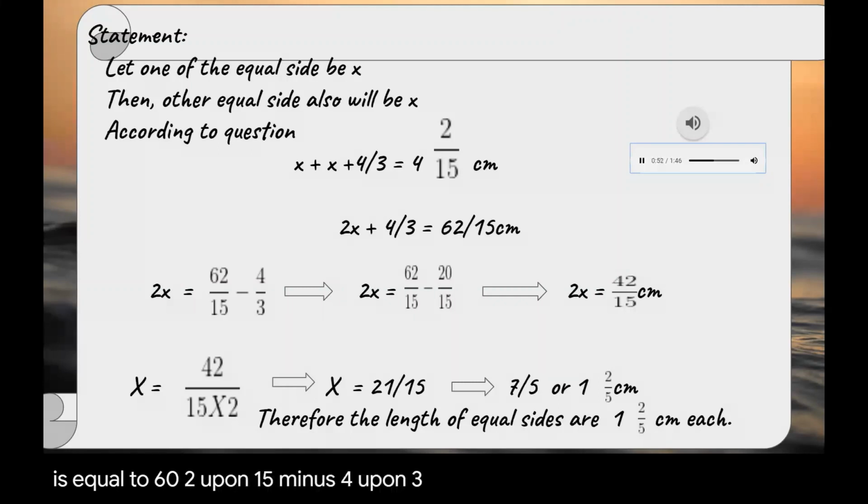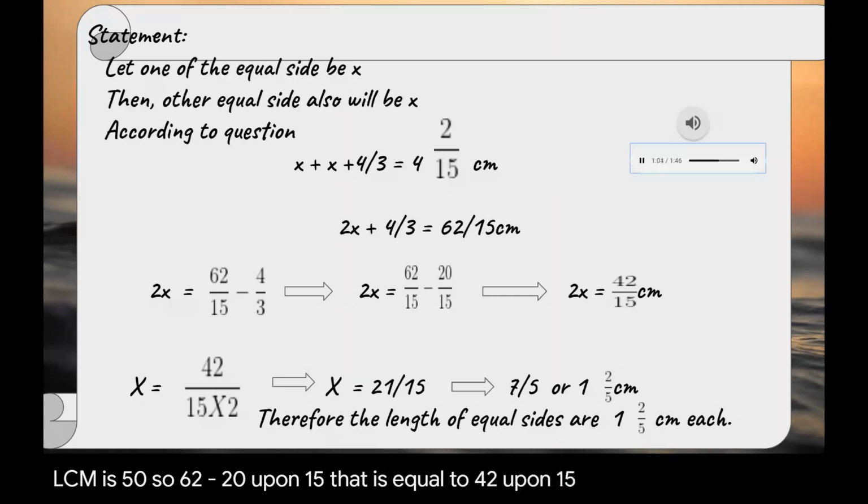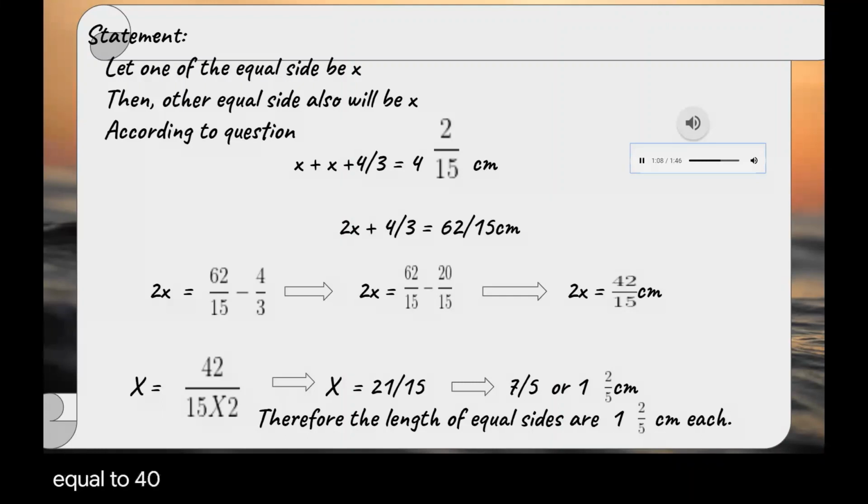That is equal to, here we can take the LCM as 15. So 62 minus 20 upon 15, that is equal to 42 upon 15. So in the next step, we got 2x is equal to 42 upon 15 centimeters. Now 2 is multiplying here, so we have to divide on the RHS.